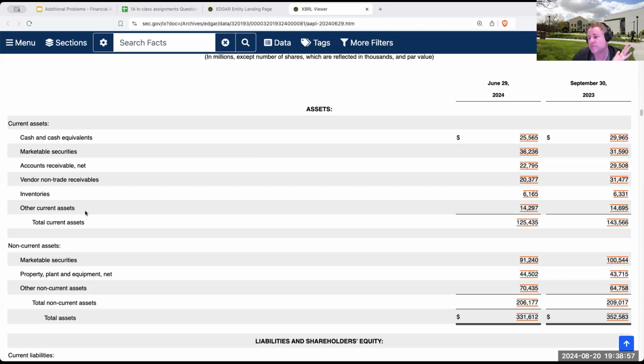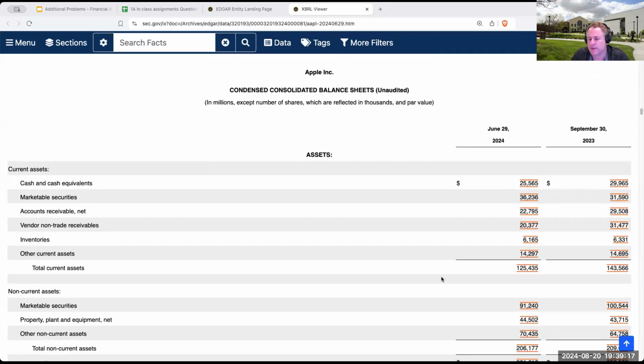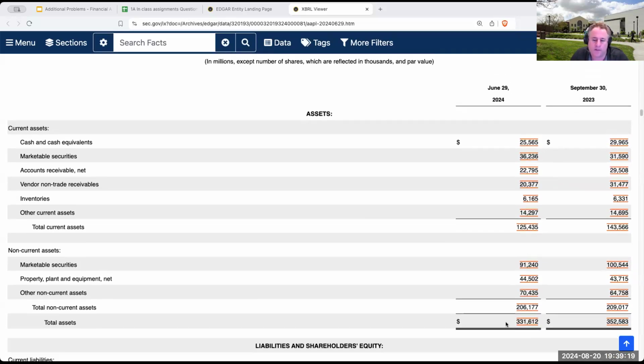Other current assets might be a prepaid insurance policy. Property, plant, and equipment is property I'm using in my business activities. Here Apple has total assets of 331,000. No, this is actually in millions, so this is 331 billion.